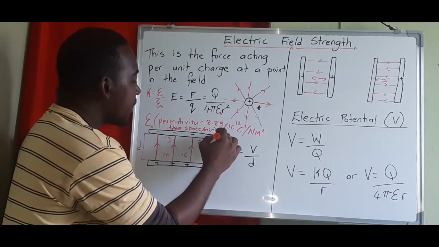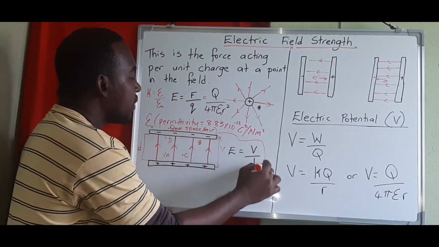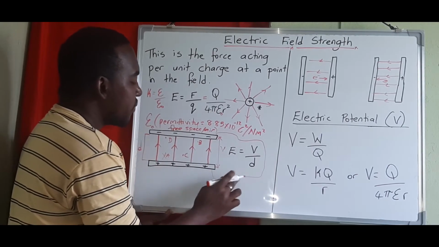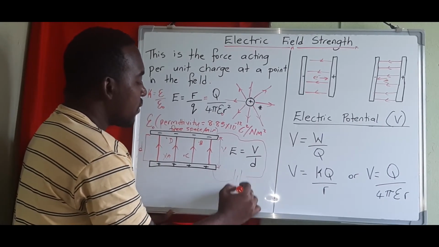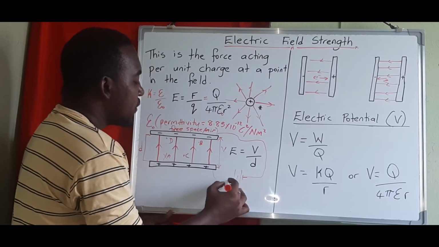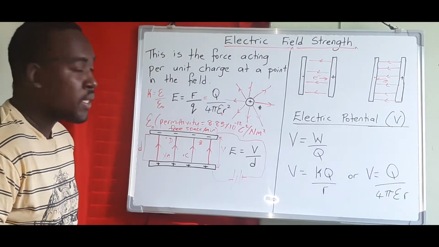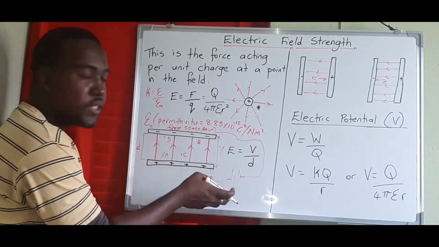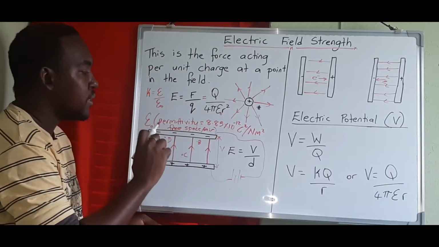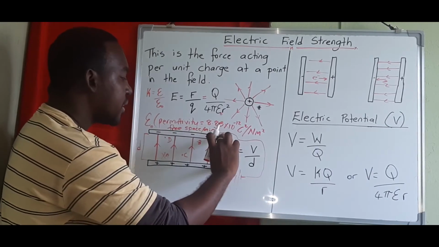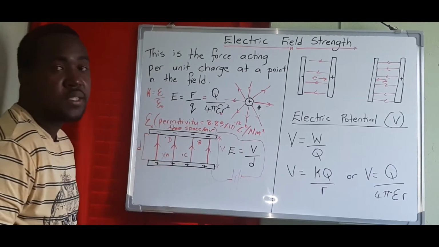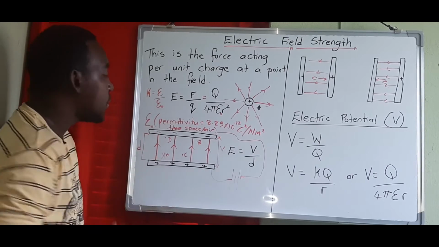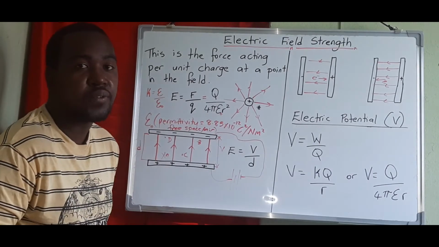These plates will be connected to an external battery source. Therefore this plate will have a different charge amount than this plate. The difference in those charges will be your voltage, and we divide by the distance between the plates to give us the electric field strength.